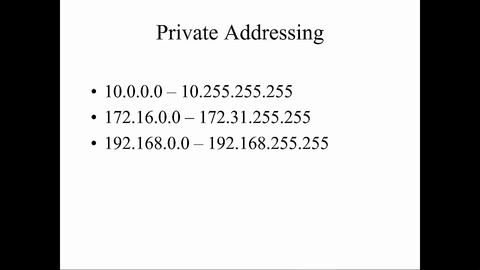So an address like 172.32.0.0 is not a private address. That's outside this range, so it's not classified or set aside as a private address. These are the only current IPv4 private addresses in existence.